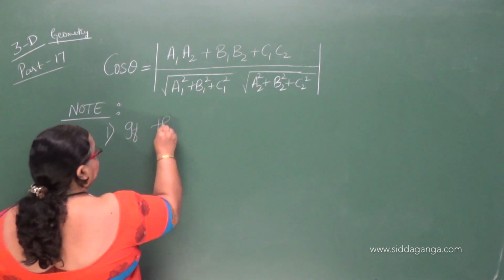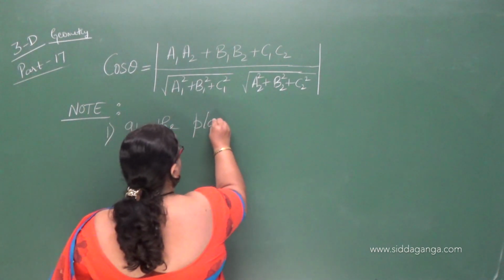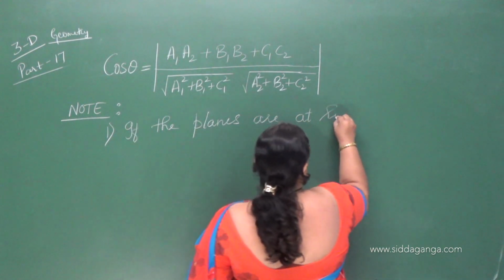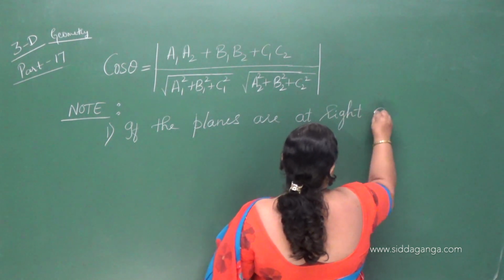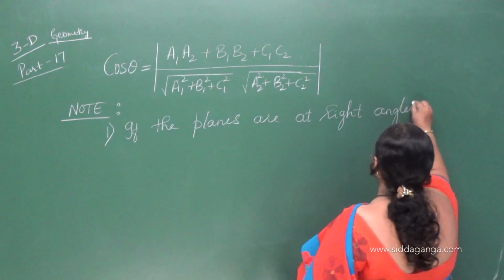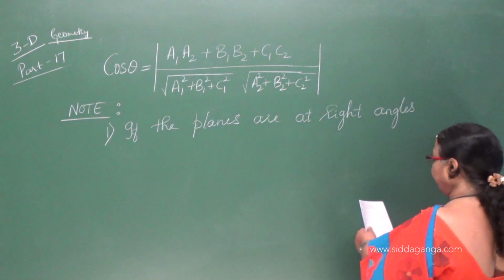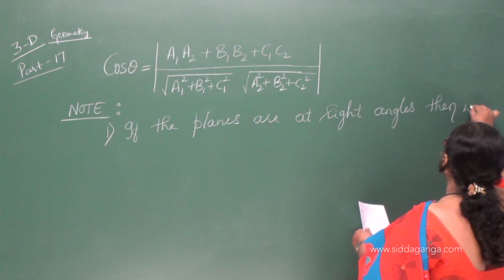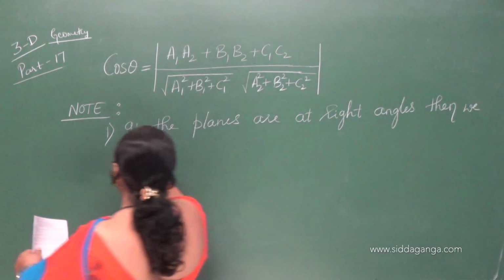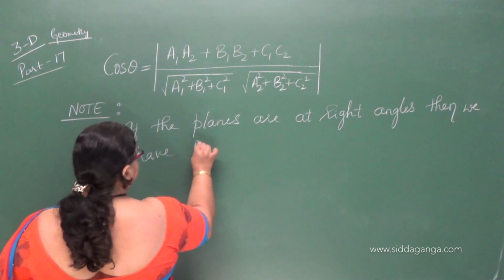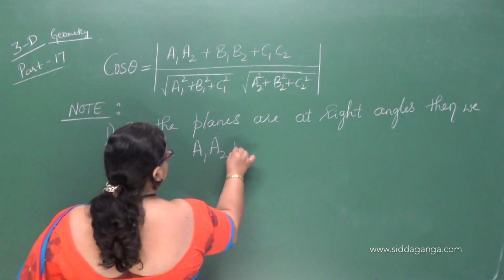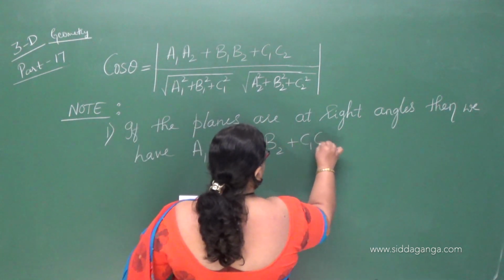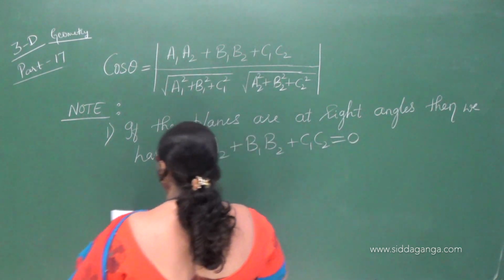If the planes are at right angles, perpendicular and right angles are the same, then we have the condition that a1 into a2 plus b1 into b2 plus c1 into c2 equal to 0.